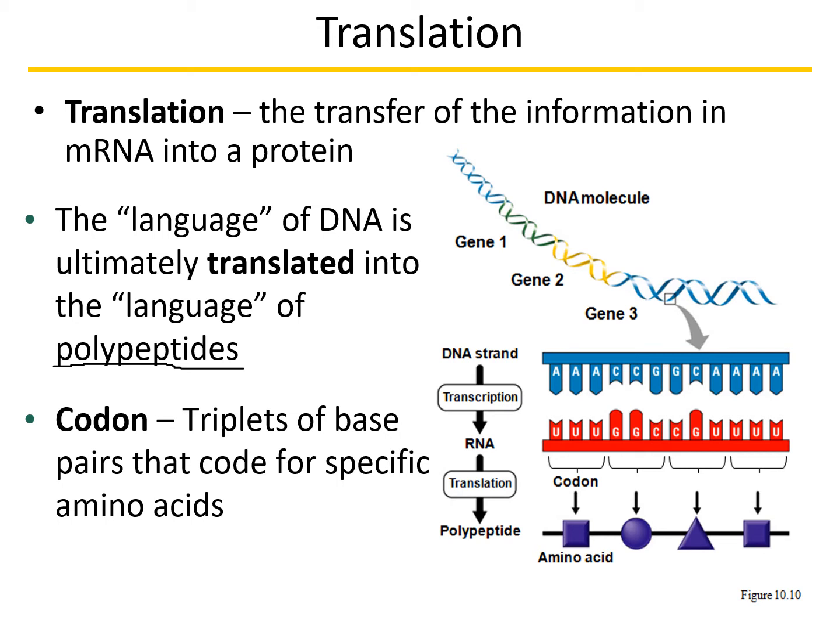So let's look at this from top to bottom here. We have a DNA molecule, so double helix, deoxyribonucleic acid. The different colors represent different genetic sequences that we would refer to as genes. So if we just look at one portion of this, we have our DNA strand that has been opened up with the aid of enzymes.